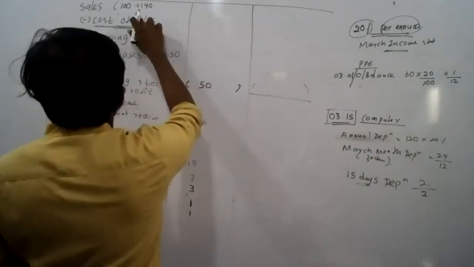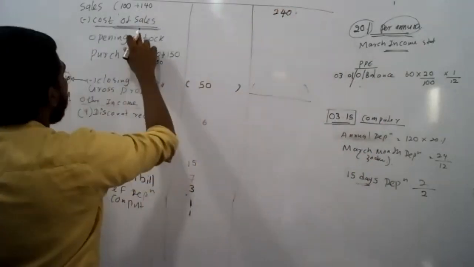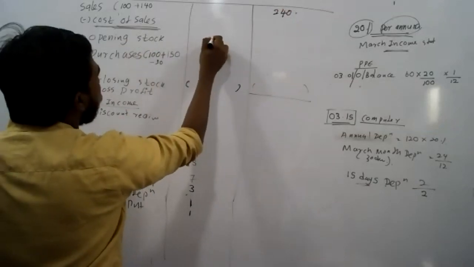Now we'll finish off. Sales is how much? 204. Then cost of sales, there was no opening stock.